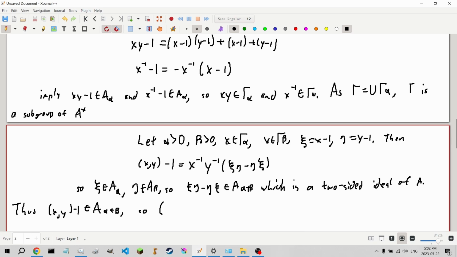So the commutator of x and y is also in gamma of alpha plus beta.